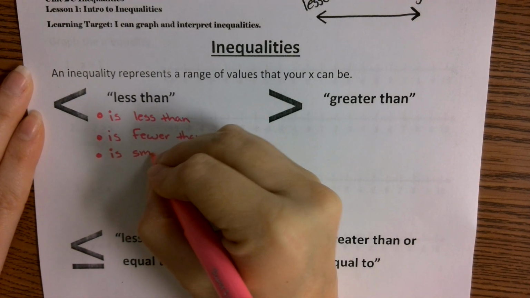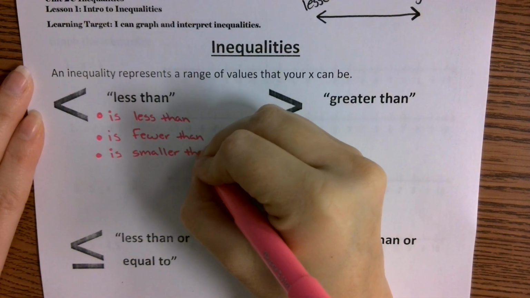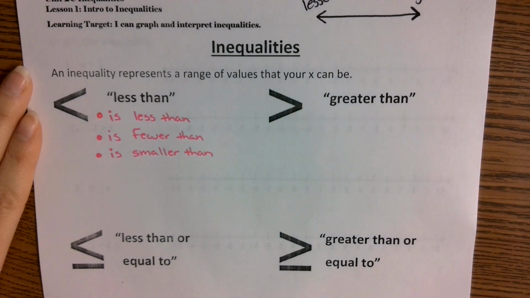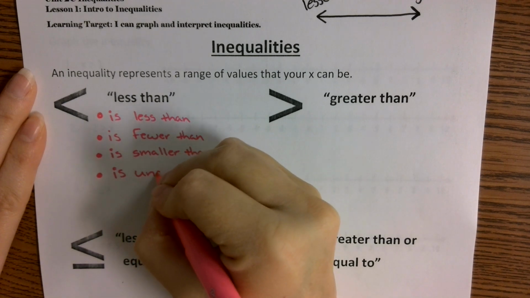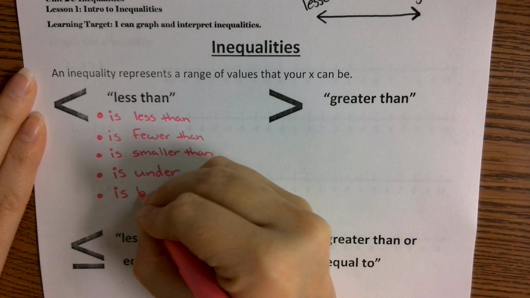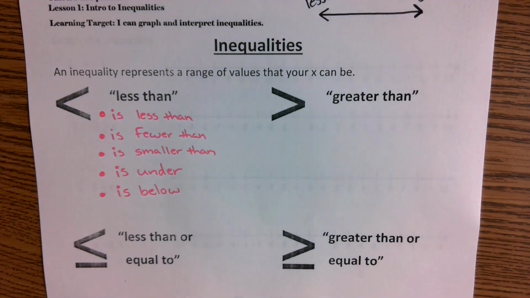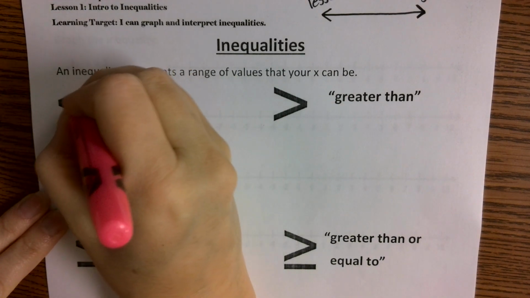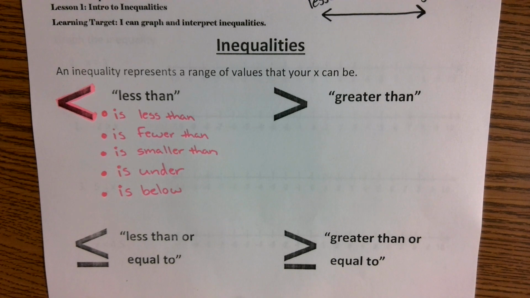"Is smaller than" will represent your less than symbol. Okay, "is under," or "is below." All of these represent the exact same symbol, which is your less than symbol. And I'm going to go ahead and highlight that symbol in pink. Okay?